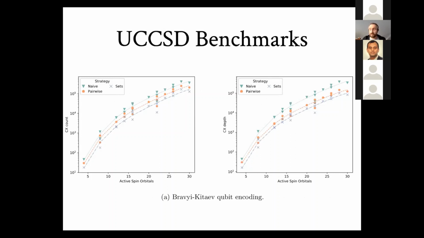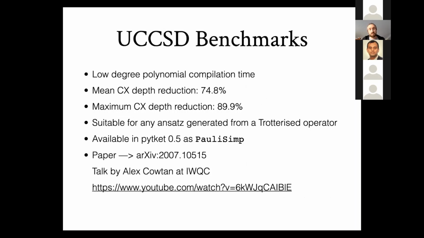And if you've improved the depth of your circuit, you've also improved the accuracy of your calculation. We did achieve, in the best case, depth reduction of 90%, which is definitely the difference between having something which is at least potentially accurate and something which is definitely not accurate. So you can read a bit more about this at the arXiv number shown there.